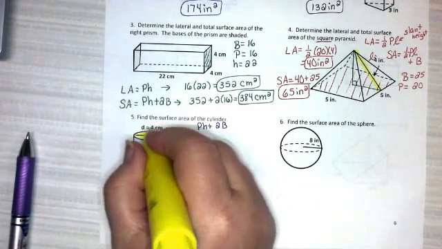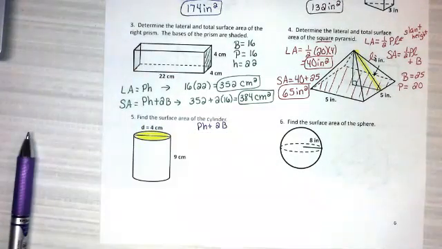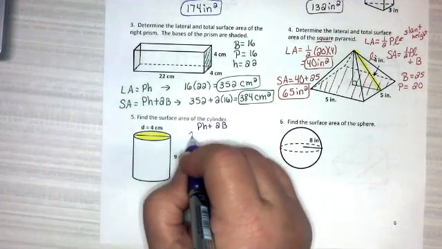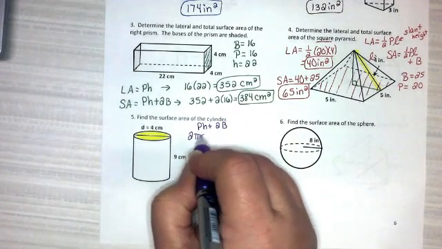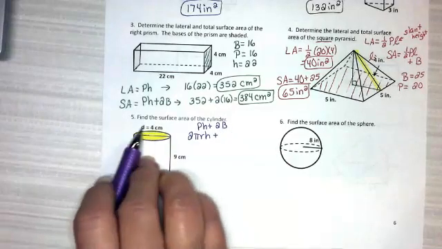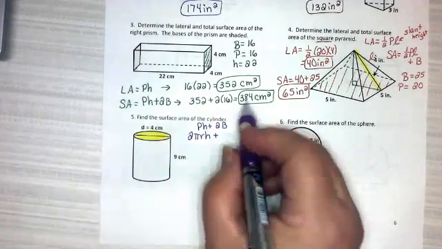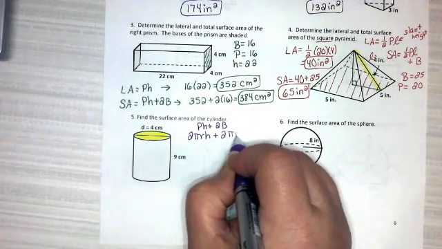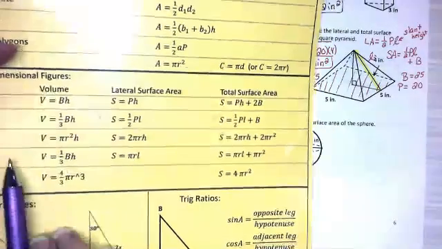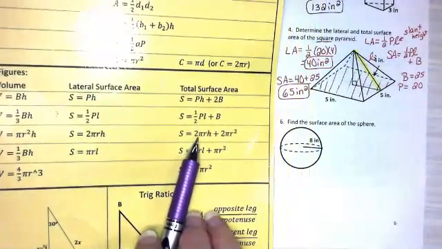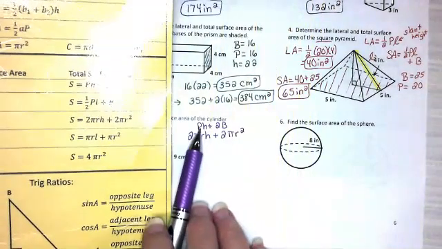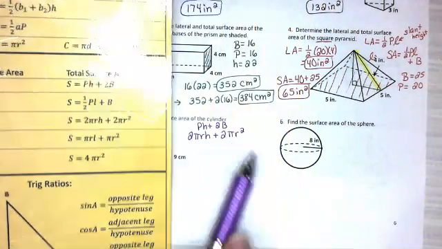So if I'm talking about the perimeter of my circle, that's the circumference. So this formula, 2 pi r is my circumference, h would be the height. Now what's the area of my base, which is the circle? Well, that's pi r squared. So when you look at your formula chart, you'll see for a cylinder, it says 2 pi rh plus 2 pi r squared. The perimeter is the circumference, and the base was the pi r squared.